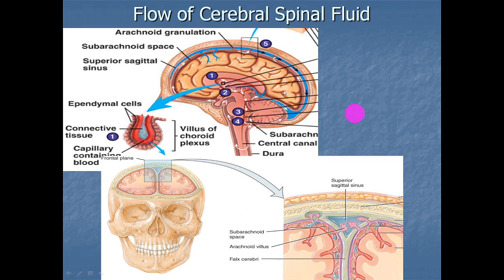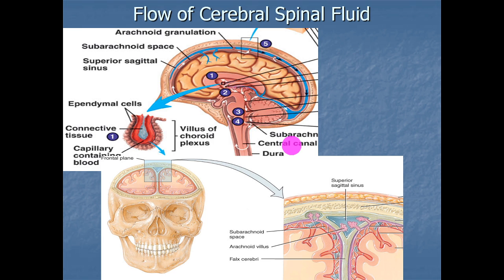So we make cerebral spinal fluid at the same rate we absorb it. Now, if something happens to these arachnoid granulations, let's say they are not working properly and they're not reabsorbing cerebral spinal fluid the way they should, we may produce more fluid than we can reabsorb. And that's a potential life-threatening disorder called hydrocephaly.